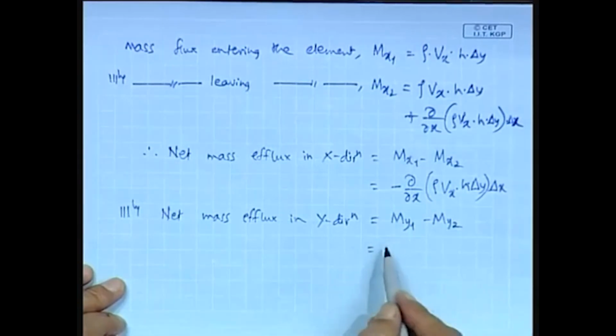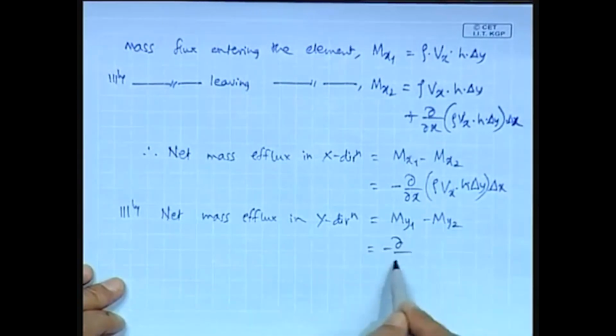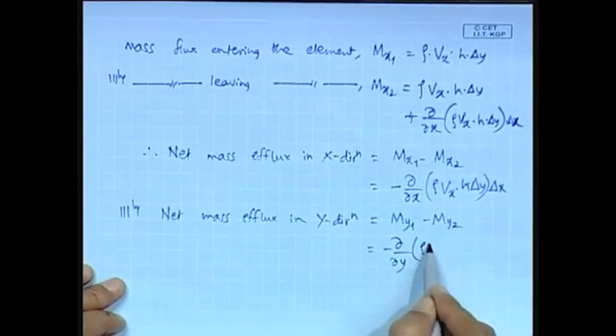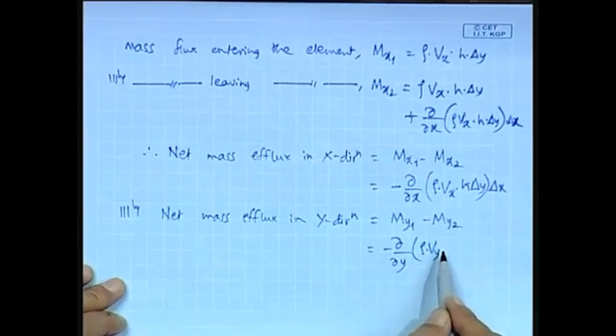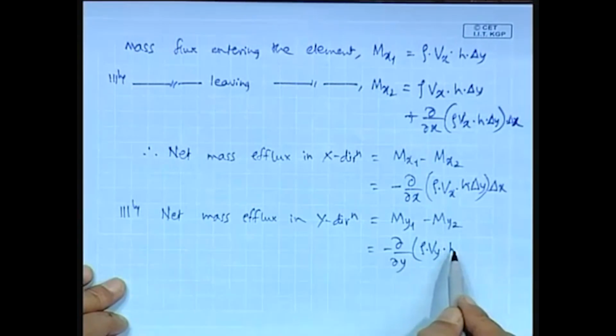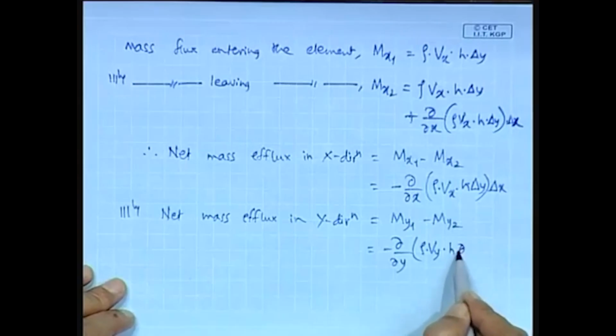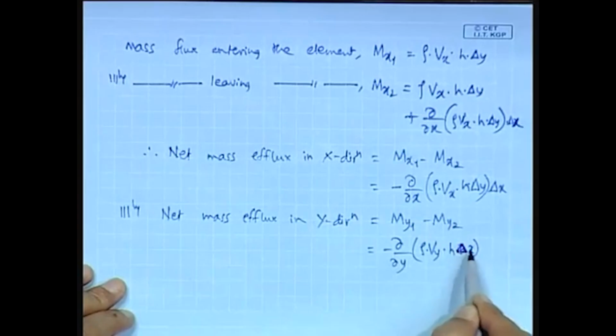So, this will be given by minus d by dy of rho Vy h delta x into delta y.